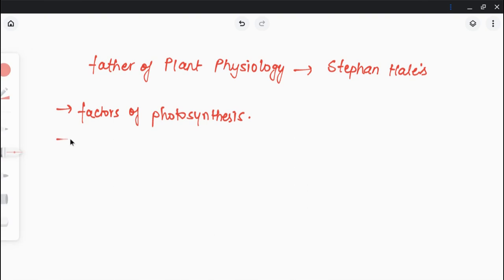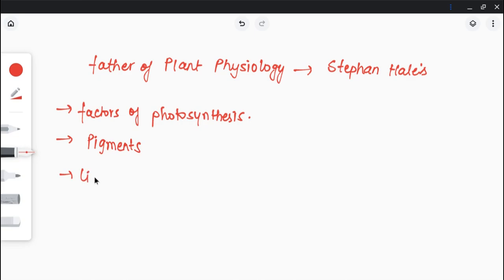Then we will learn about pigments: chlorophyll A, chlorophyll B, xanthophyll, carotenoid, and all. Okay. And then we will learn about the light reaction and dark reaction, and then our chapter will be complete.